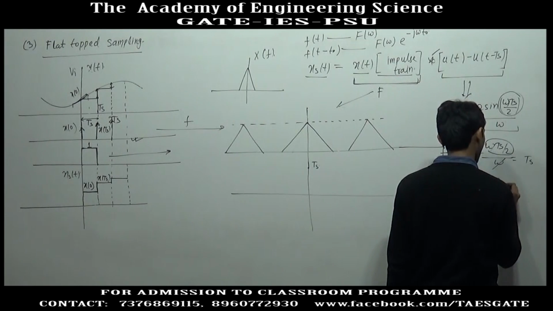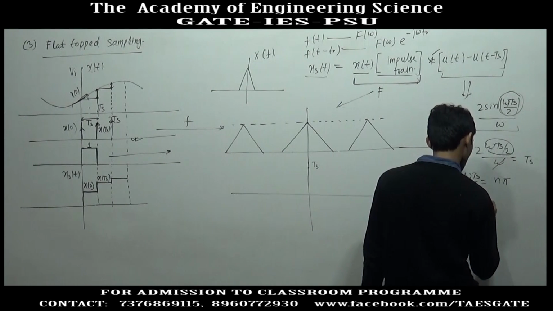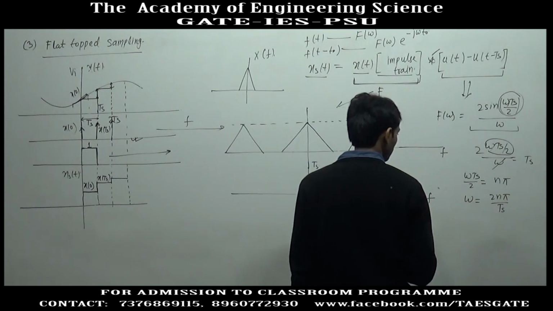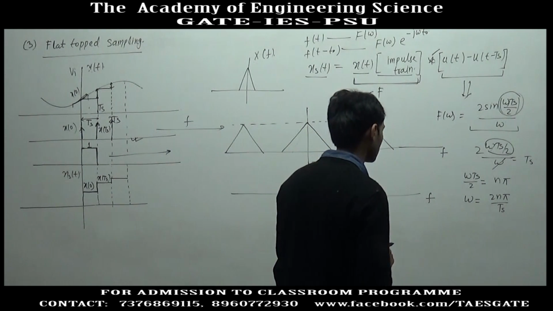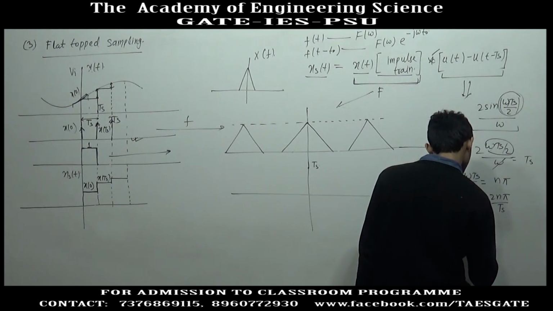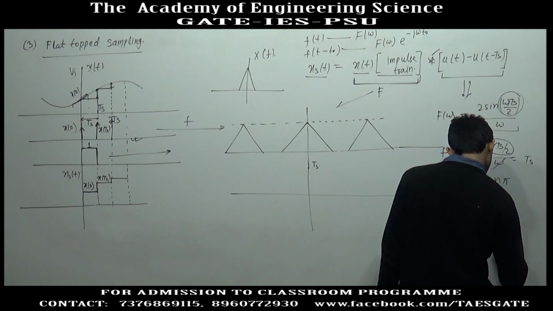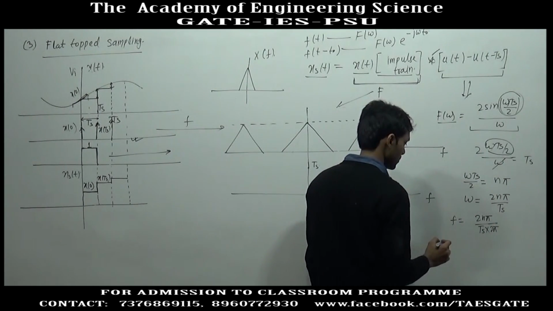Whenever omega Ts by 2 equals 0, whenever this angle is an integral multiple of pi, we will get F omega as 0, or whenever omega is equal to 2 n pi divided by Ts, or whenever f is equal to 2n pi by Ts into 2 pi, we will get F omega 0.